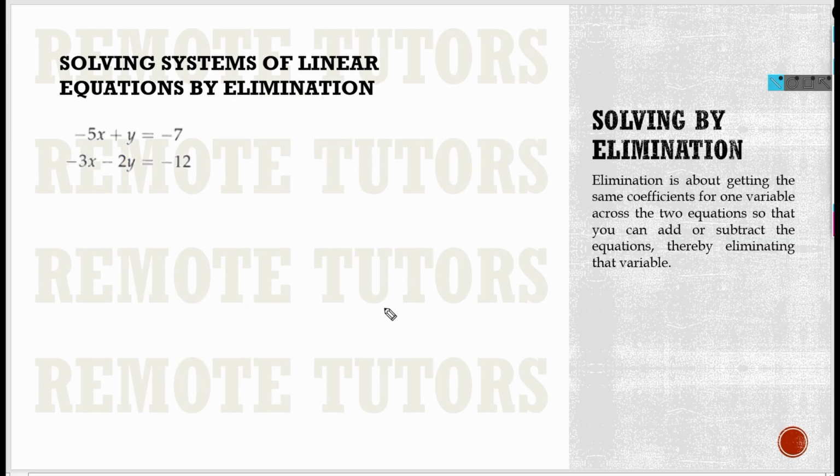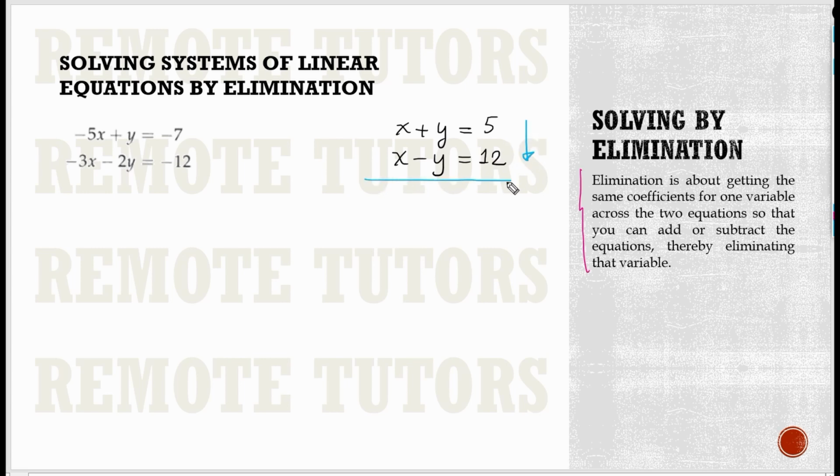Okay, this is now solving systems of linear equations by elimination. See here, elimination is about getting the same coefficients for one variable across the two equations so that you can add or subtract the equations, thereby eliminating that variable. Let's see, suppose you're given x plus y is equal to 5, while x minus y is equal to 12.